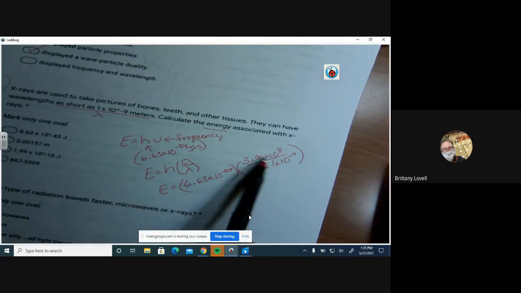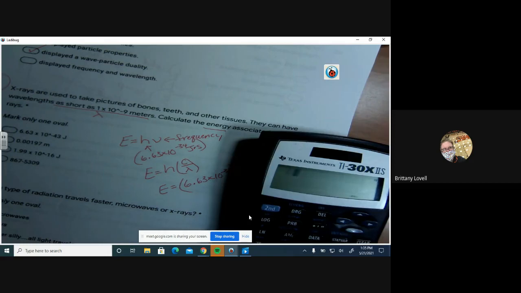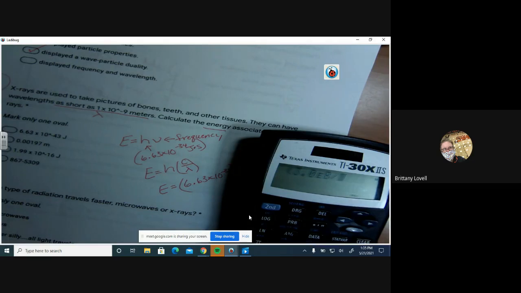So there's all of the stuff that we know. So now what we're going to do is just multiply and divide. I'm going to go ahead and do this operation and then multiply it by Planck's constant. So in my calculator, I'm going to do parentheses 3.0 times 10 to the 8th divided by my wavelength, which was 1 times 10 to the negative 9th. And then I'm going to take that and multiply it by Planck's constant.